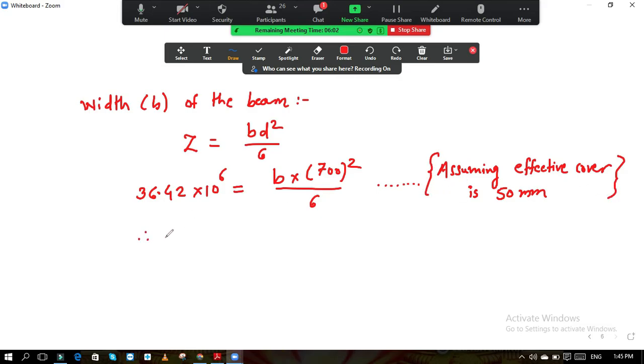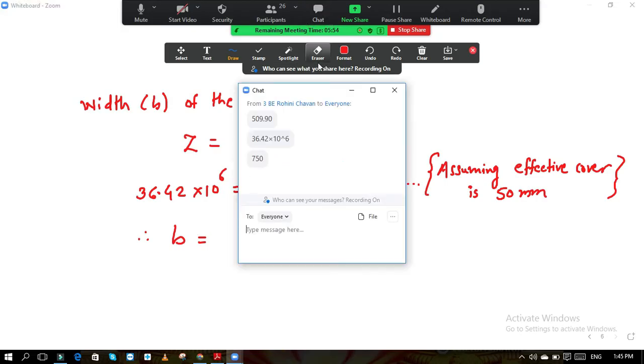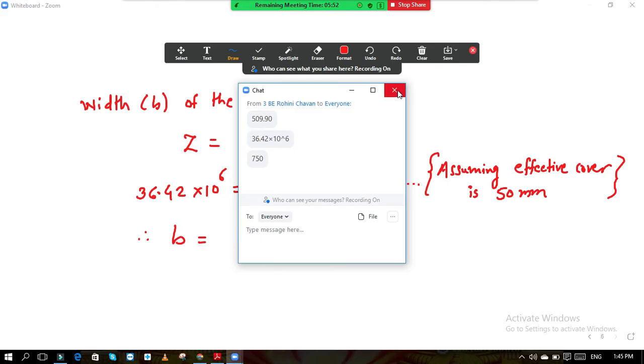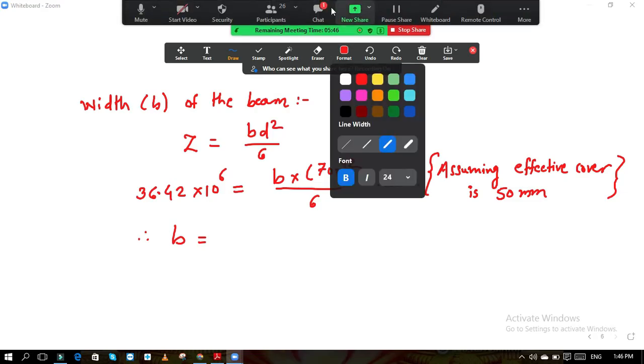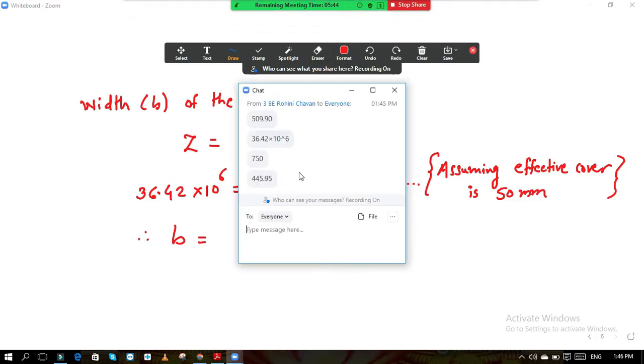So now therefore, what is the value of b? Calculate the value of b now. What is the value?